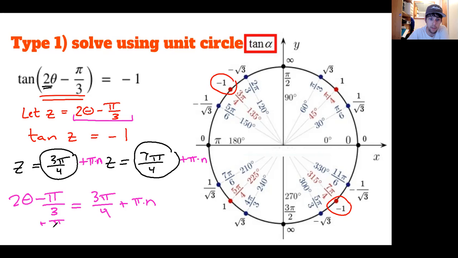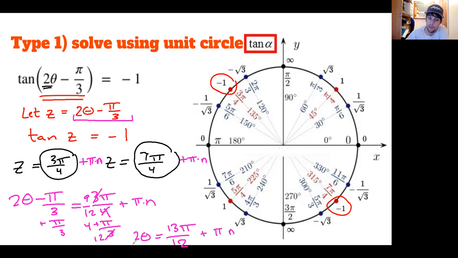We don't have a common denominator anymore; the common denominator would be 12. So 3 pi over 4 is 9 pi over 12, and pi over 3 is 4 pi over 12. Adding those together, we get 13 pi over 12 plus pi n equals 2 theta.